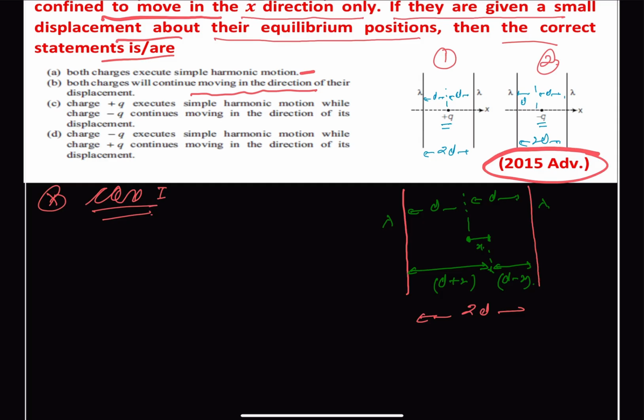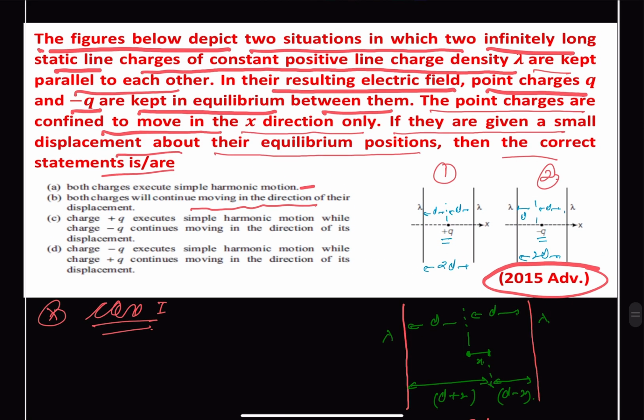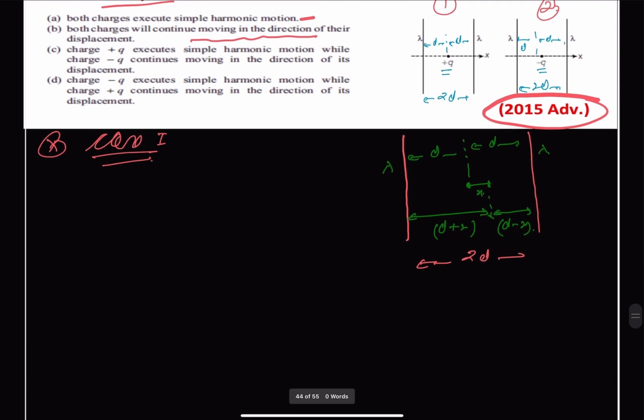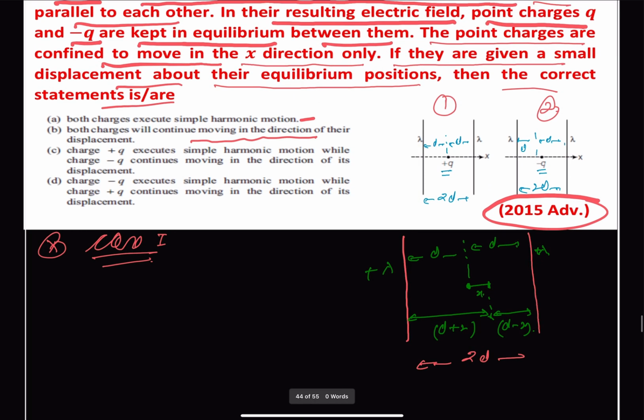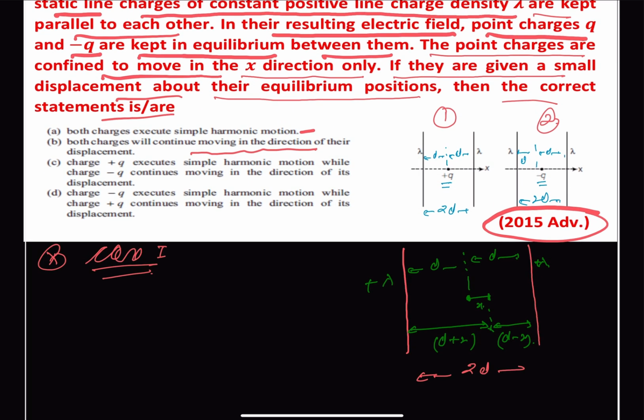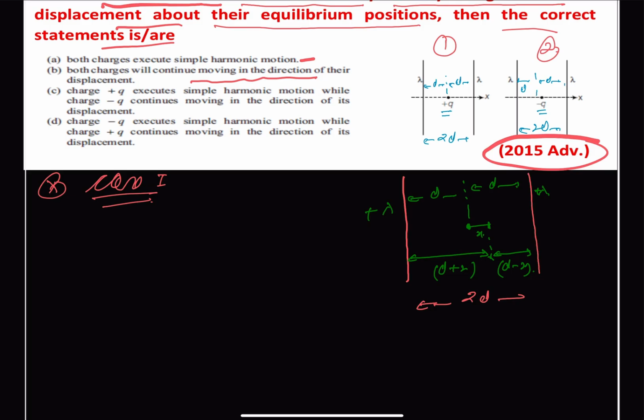And we are given that they have positive line charges. So this is positive as well as this is positive, and the charge q here is also positive. So there will obviously be a force of repulsion. Let us call this line 2 and this line 1.